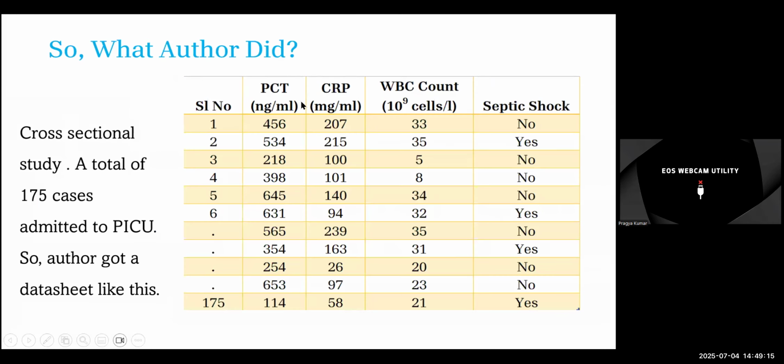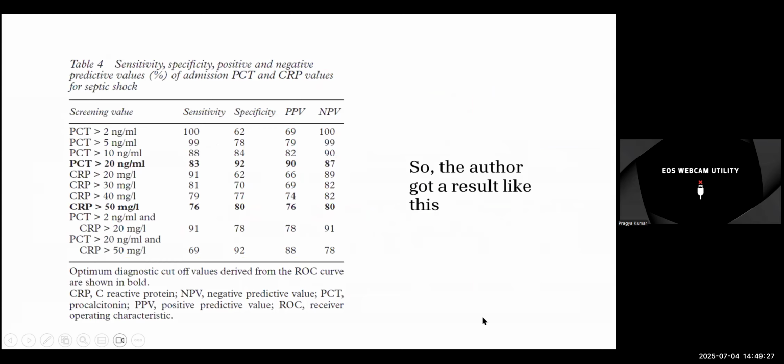So he took the value of procalcitonin, CRP in another column, and the WBC count. And this is the septic shock, which is the true status.